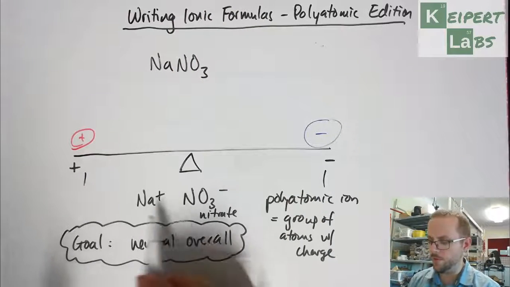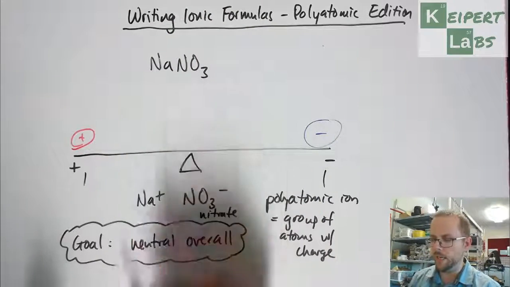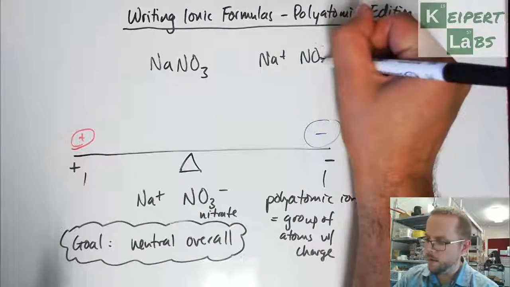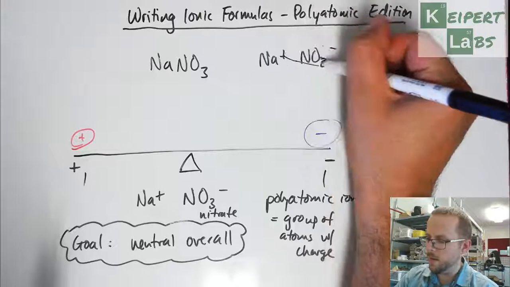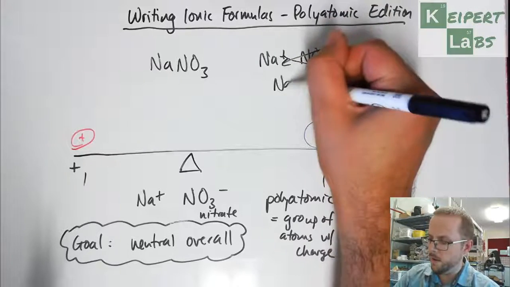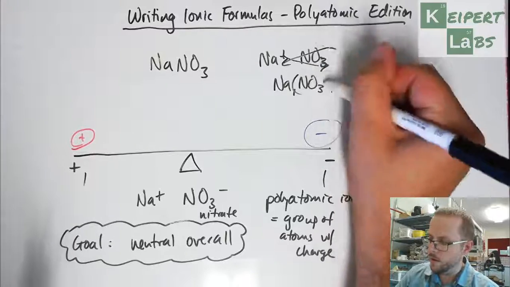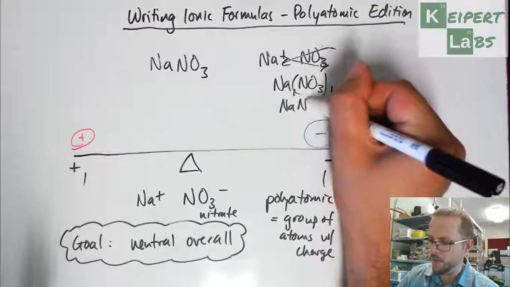So I write the formulas of the two things together and connect them there. I can do my same crossover technique, with the 1 coming down here and this 1 coming down here, and it is now just NaNO3.